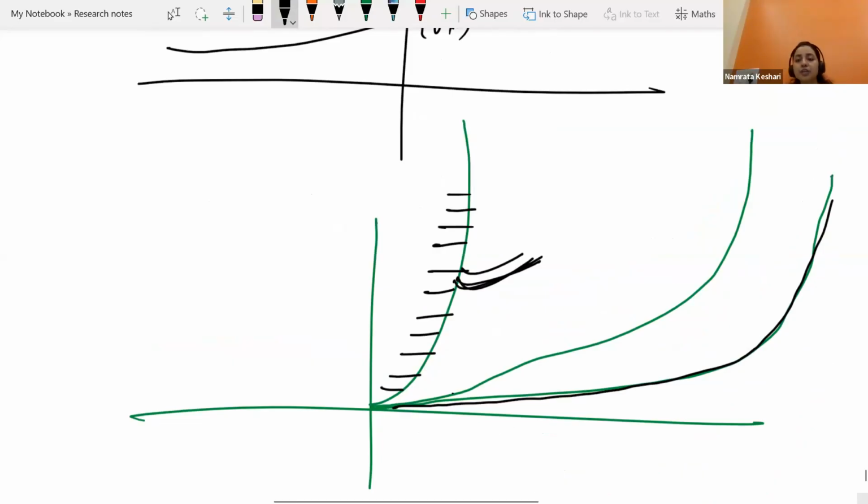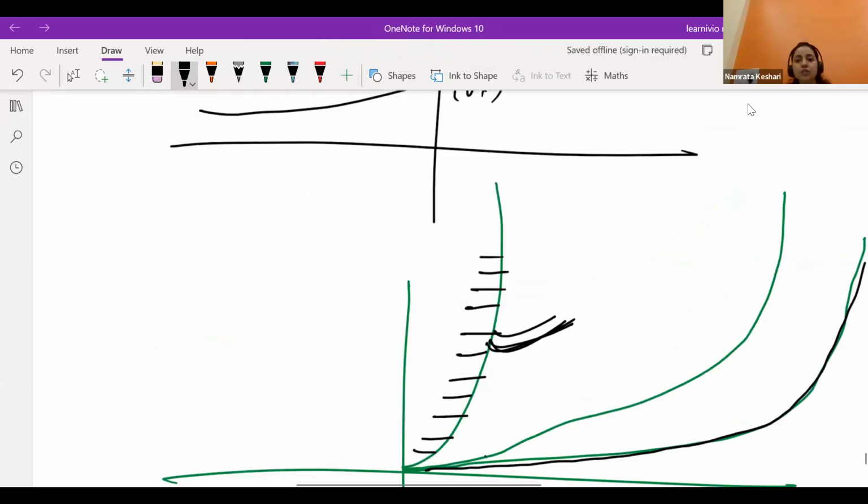Now what is the domain and what is the range, we'll be discussing. Now let me show you these things over the graph also.